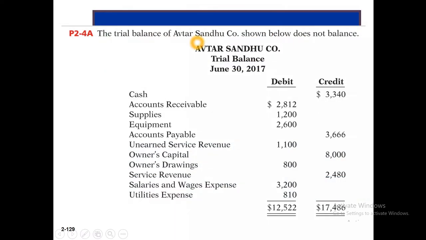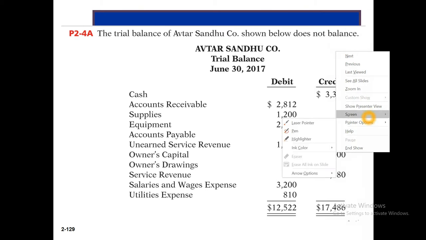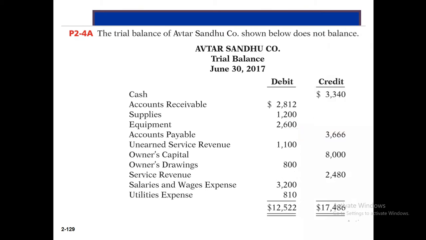So the trial balance of Afterhandu Company shown below doesn't balance. Trial balance, June 30, 2017. This is our debit side total balance, and this is our credit side total balance, but these two figures don't balance.